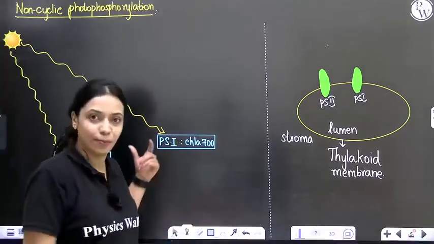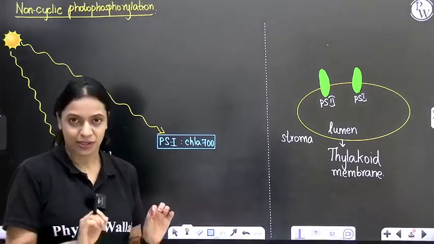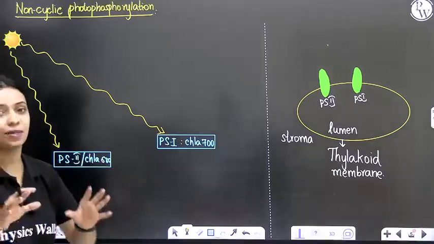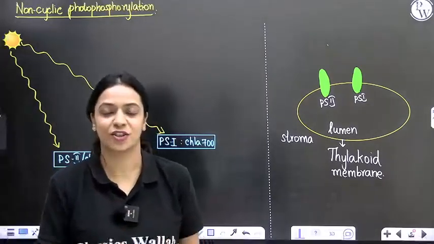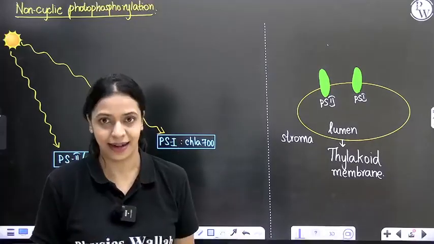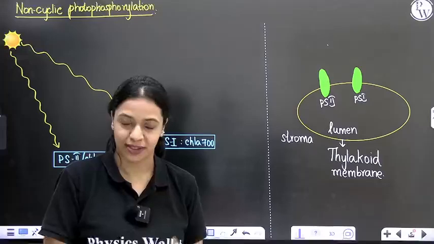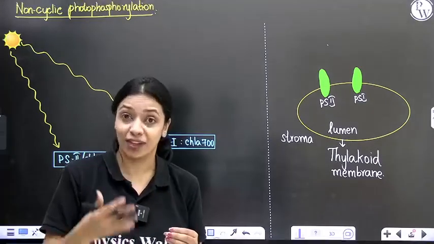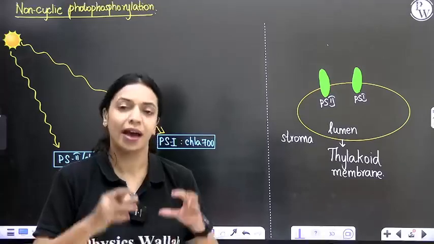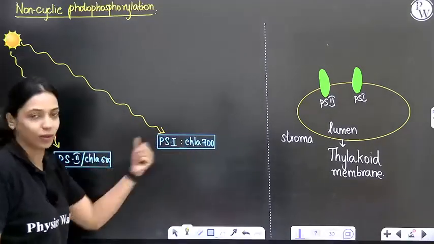What happens in PS2 and PS1? In both photosystems, though chlorophyll 680 is the primary pigment, it is the reaction center, we know that surrounding it there are many other antenna pigment molecules. Depending upon which wavelength of light it prefers to absorb, it will absorb that particular wavelength and pass on that energy to chlorophyll A molecule.